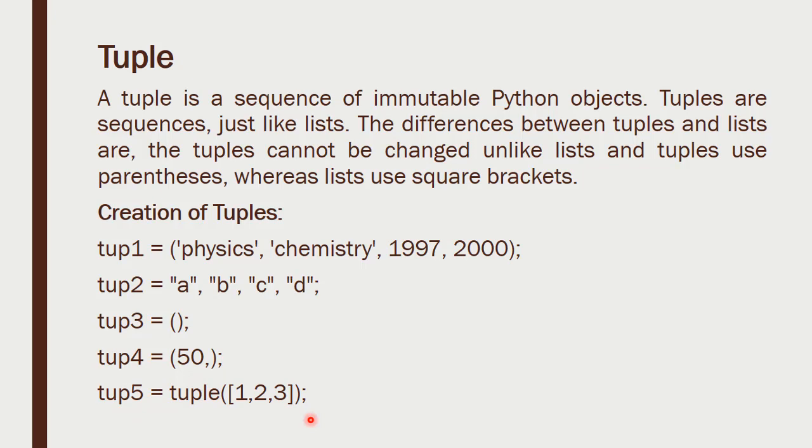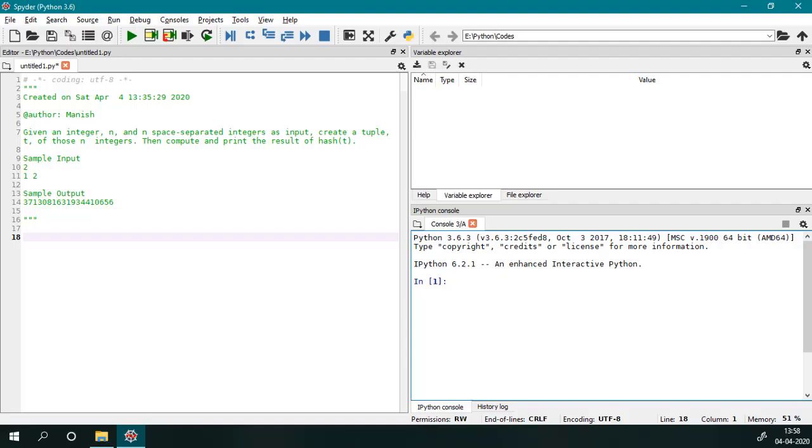So let's see how we can create a tuple and some basic operations. Here I am creating a tuple, and then I will put 1, 2, 3, 4, 5. As you can see, our tuple has been created.